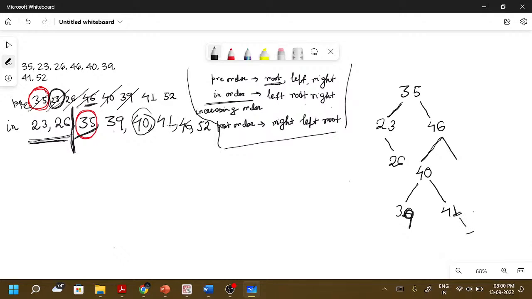In in-order, 52 is right of 46, right? We have to take 46 as a base, 52 shall be right, 39, 40, 41 shall be on left. So we are left with 52, it will be at the right of 46. Wait, one second.